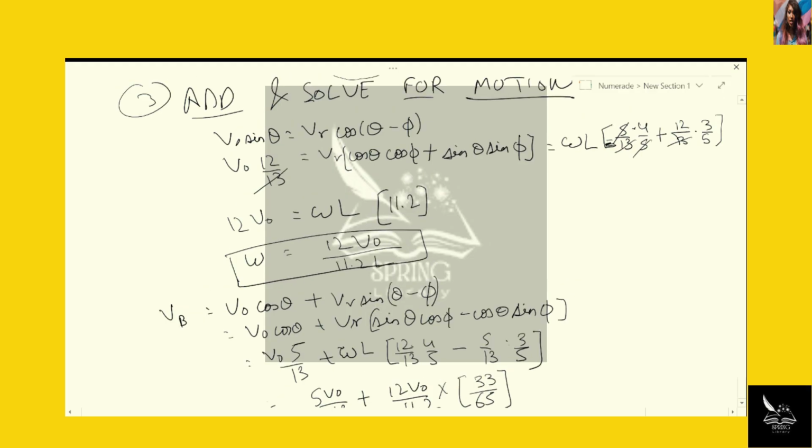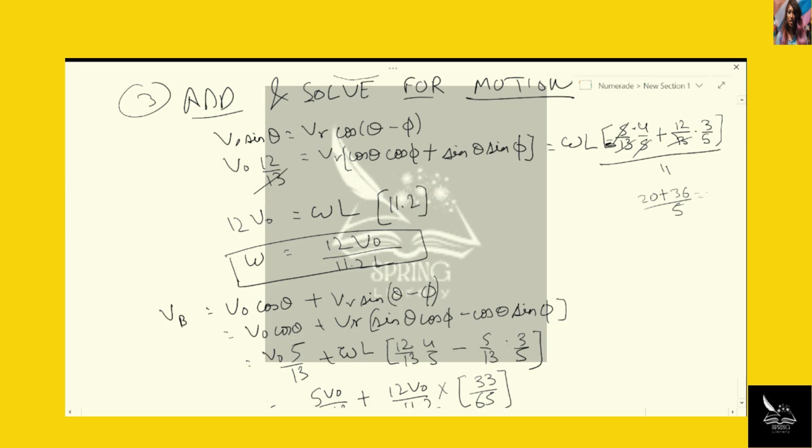So 11.2, let's write it in terms of fraction as well. So we solved it here. In terms of fraction, this was just 20 plus 36 over 5.